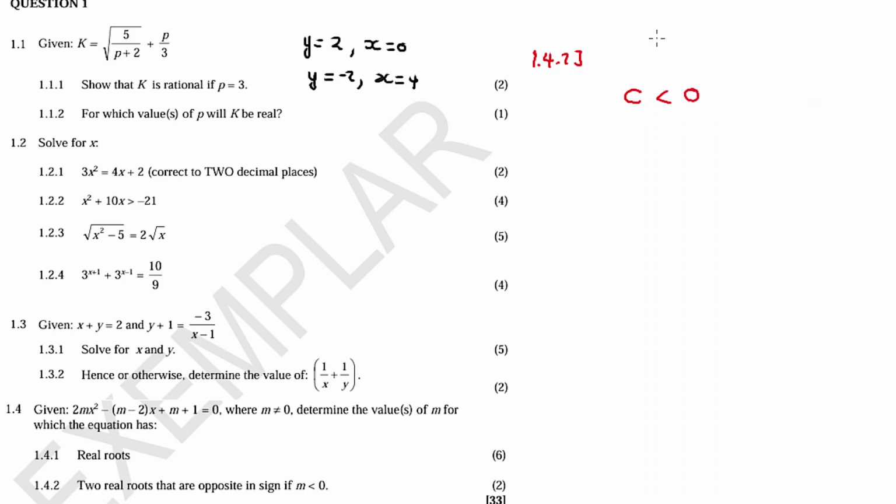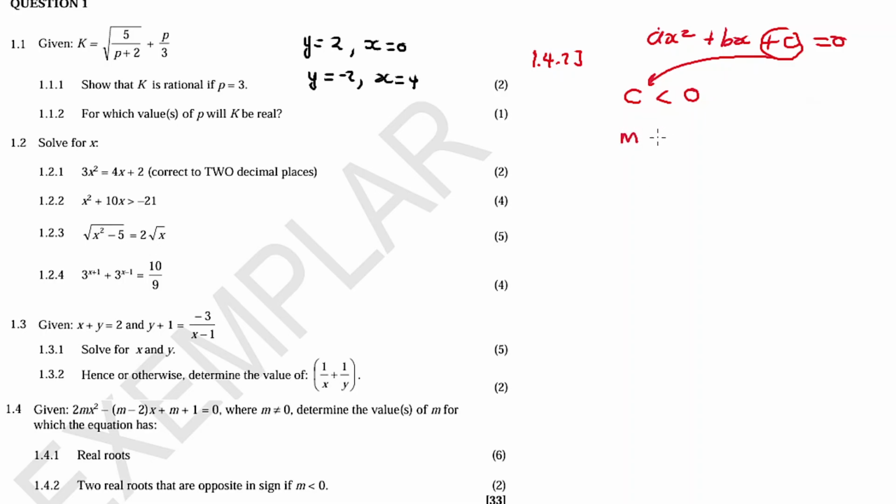In standard form, ax squared plus bx plus c equals 0, the c must be less than 0. When c is less than 0, the roots have opposite signs. If it was positive, the solutions would come out with the same signs. But this time we want solutions with opposite signs, so c must be less than 0.